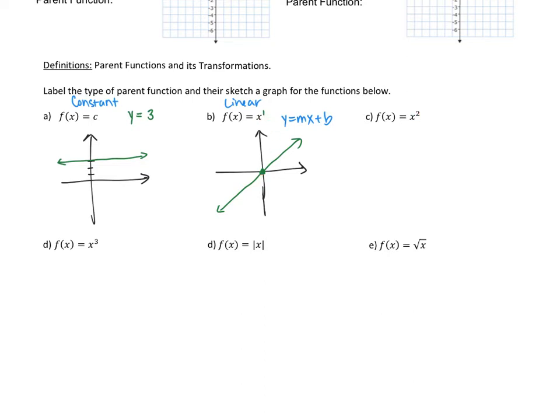If you have x squared, most of you guys are more familiar with this one. You have a quadratic. And so you're going to have a function that looks like a u, like that. If you have something like this, which is x cubed, then you have a cubic function.